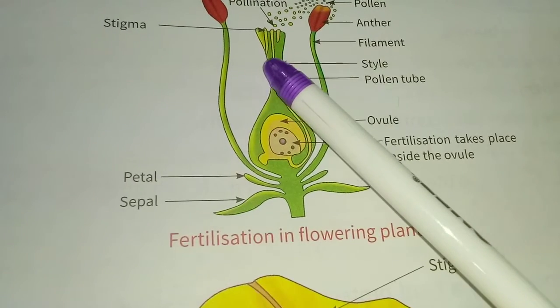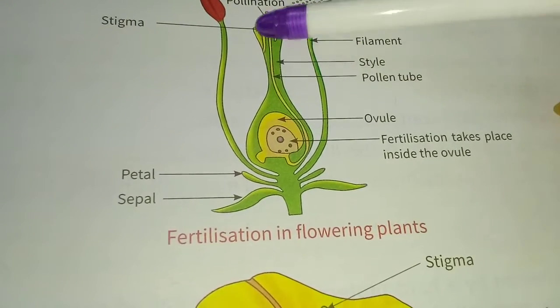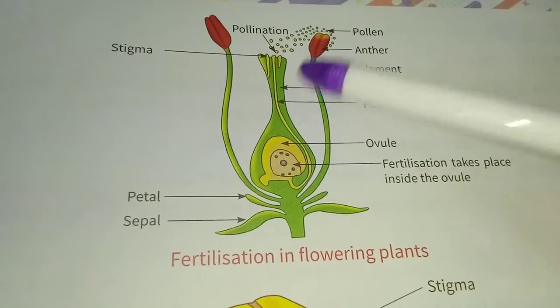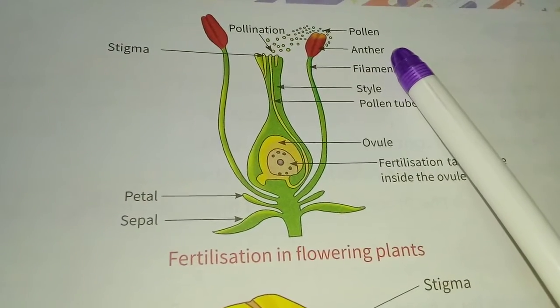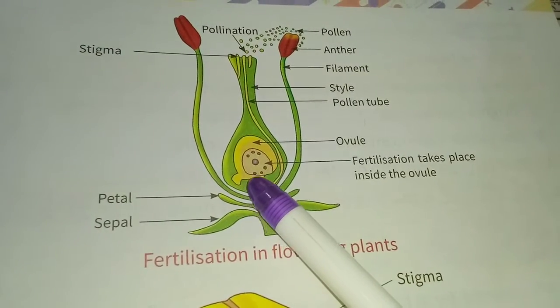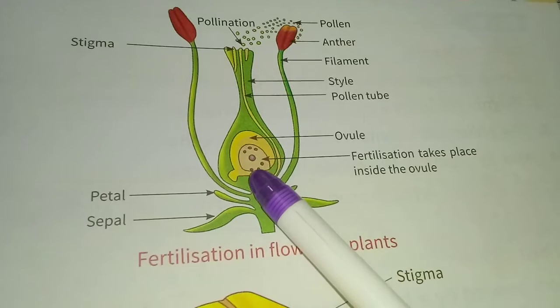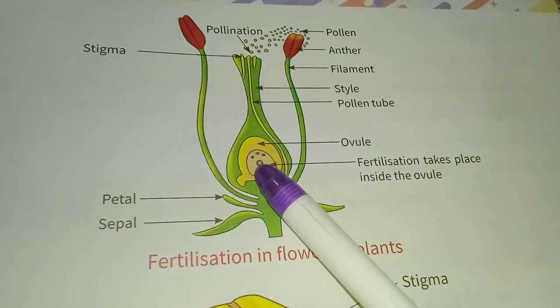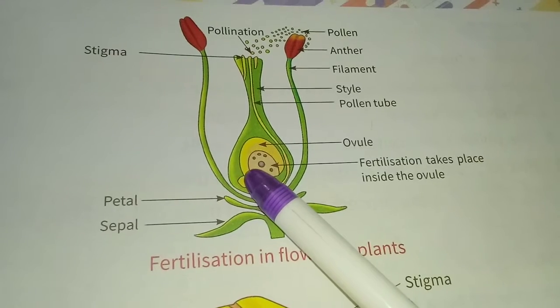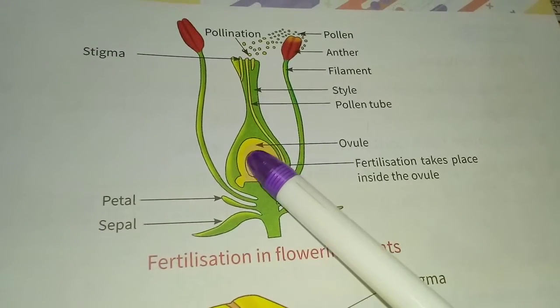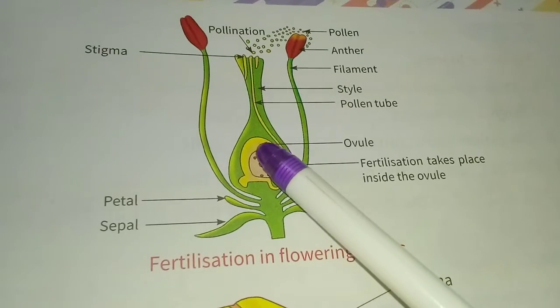After pollination, you can see here a thin tube, the yellow part, extends. What is this called? Yes, I told you in our last chapter, it is called the pollen tube. A thin tube extends to the ovary. This part is called ovary and these are the ovules.